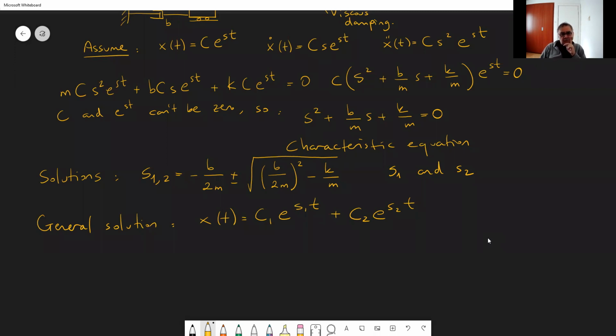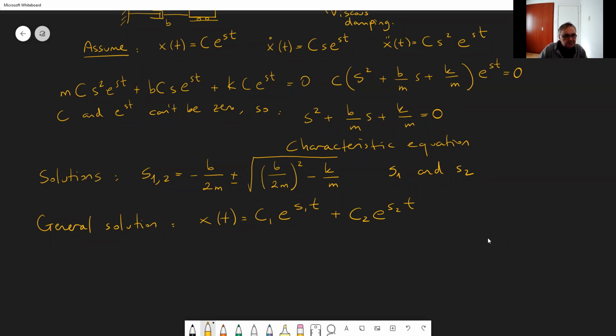But we have a square root inside this solution. And we will see that this thing inside the square root has the potential to be negative.